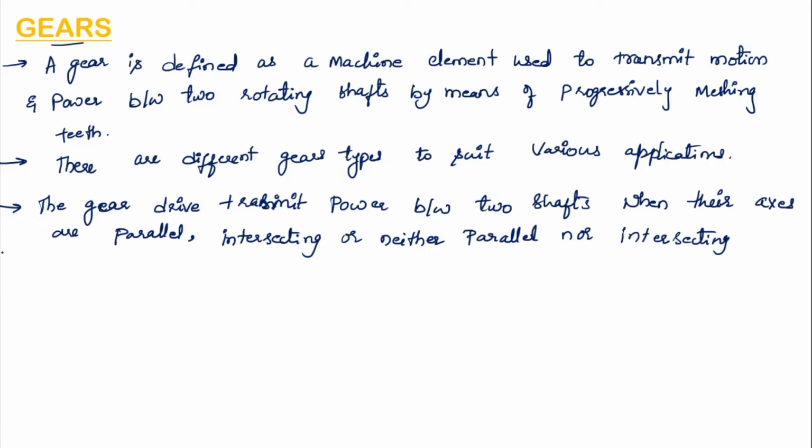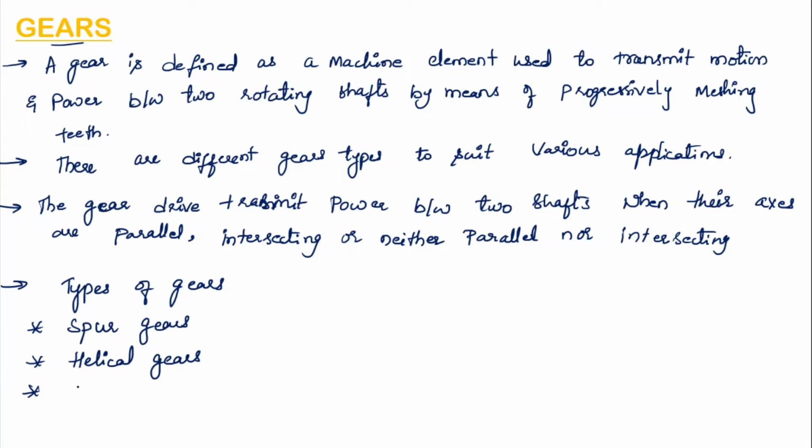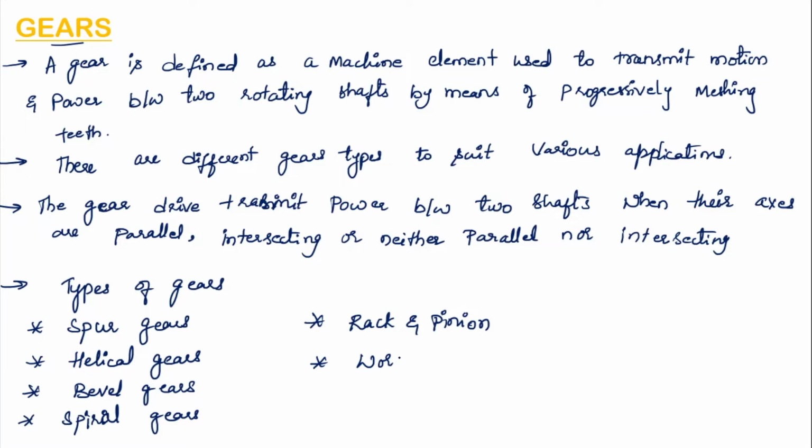The types of gears which are used in practice, the important ones, are spur gears, then helical gears, then bevel gears, spiral gears, then rack and pinion gears, then worm gears, and then we will discuss their advantages and disadvantages.